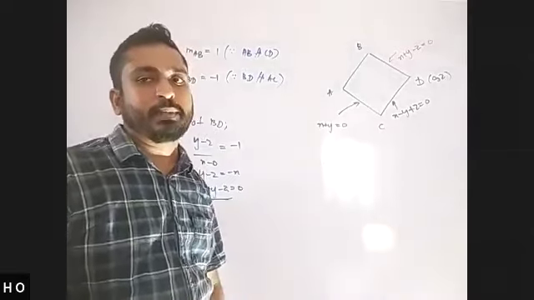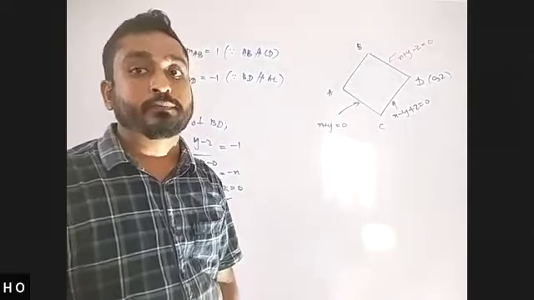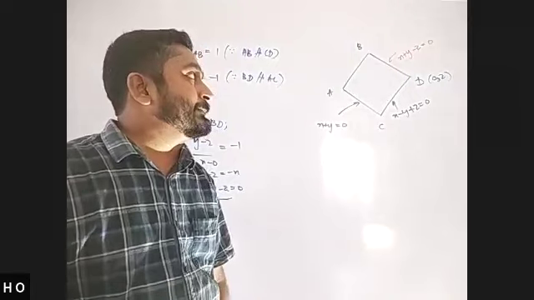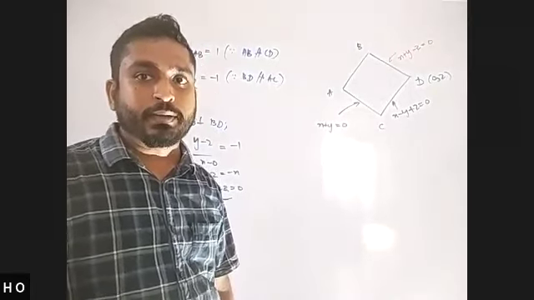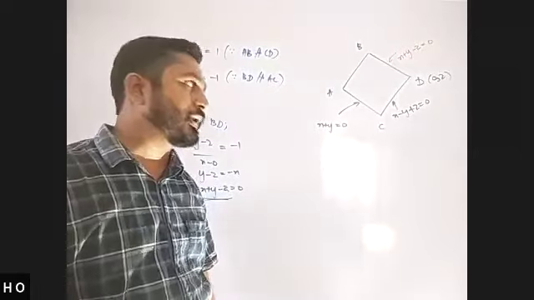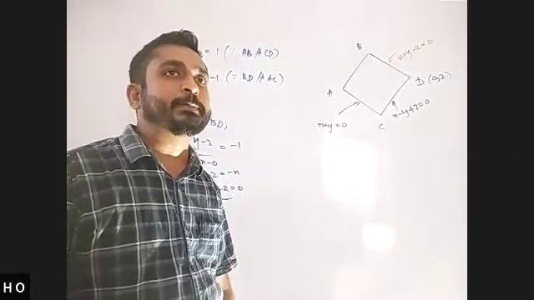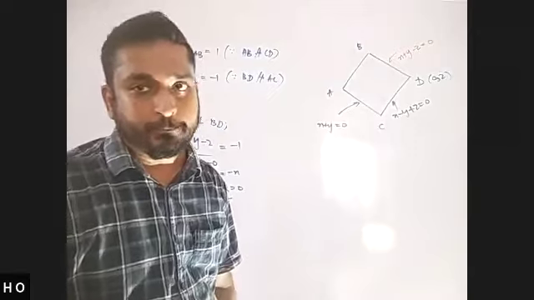No other things can be found up to now, so you have to go for a parameter or something. Another suggestion: diagonals are perpendicular and equal in length. That is also a good suggestion. Let's see what to be executed here.